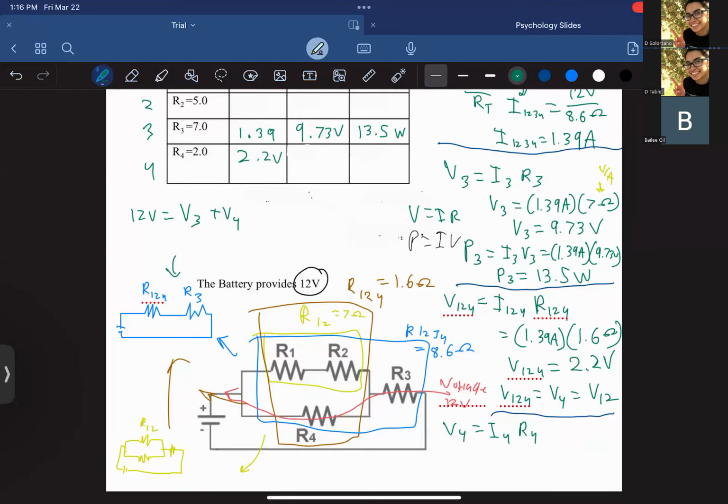We have the V and R, so we're just solving for I. That's gonna go ahead and get us 2.2 volts over 2 ohm, which is probably gonna be 1.1, but I'm still gonna plug into my calculator. Yeah, 1.1 ampere. Right, because V over R, yeah, cool.